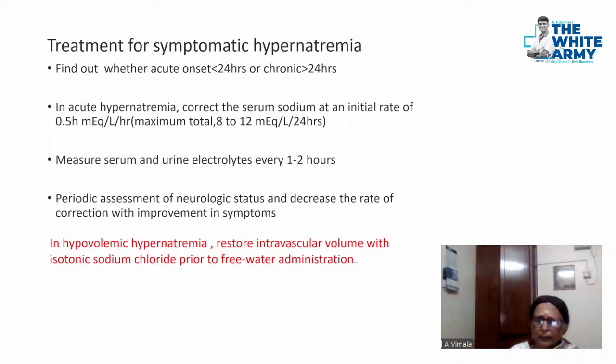At that time, we were not very sure of what to do. So then we learned that whenever somebody is in shock, irrespective of the sodium, your aim should be to correct the volume. So you have to aggressively restore the intravascular volume with isotonic sodium chloride, or if required, plasma, or whatever electrolyte solution we have, and either simultaneously or after correcting the hypovolemic status, you can give free water.